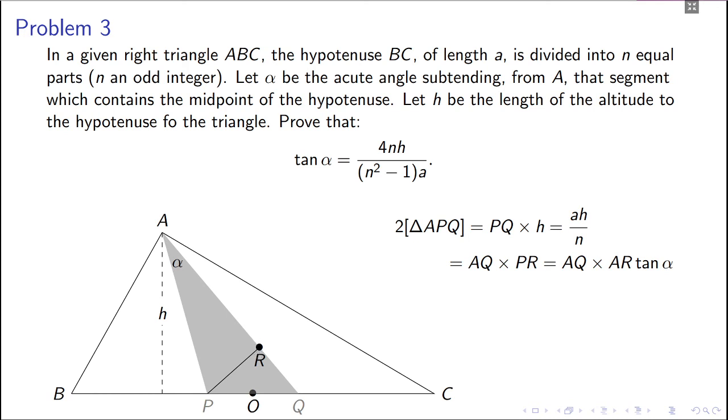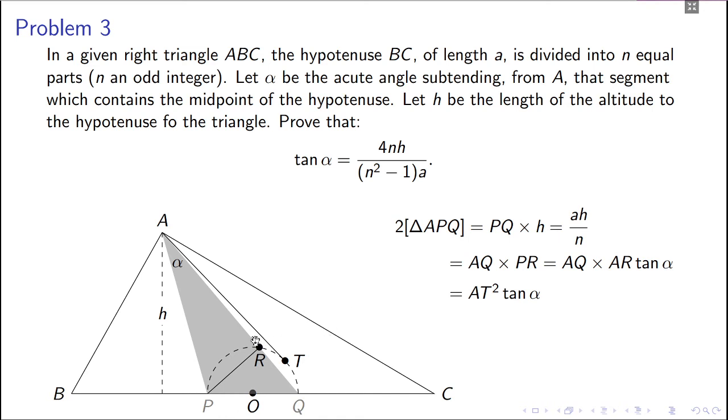You notice that this is perpendicular, so this point R will lie on a circle with PQ as diameter. So R basically lies on this semicircle. If you draw a tangent to this circle from point A, then AT square is equal to AR into AQ. So AQ into AR now becomes AT square.